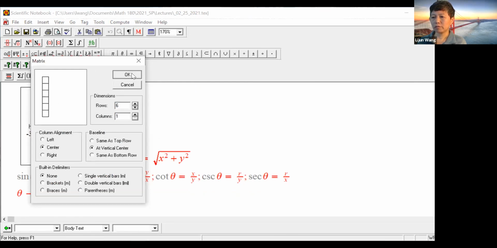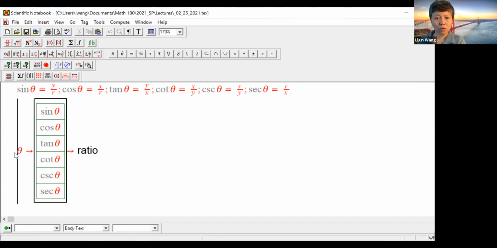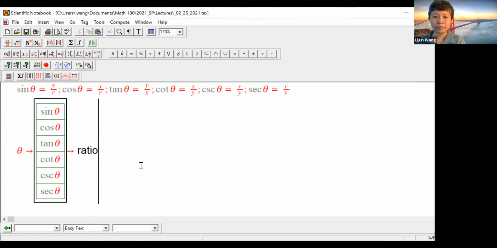Sine, cosine theta, tangent theta, cotangent theta, cosecant theta, all of these functions take angle as input, and it produces what? Ratio as output. That's what it tells us from the definition.